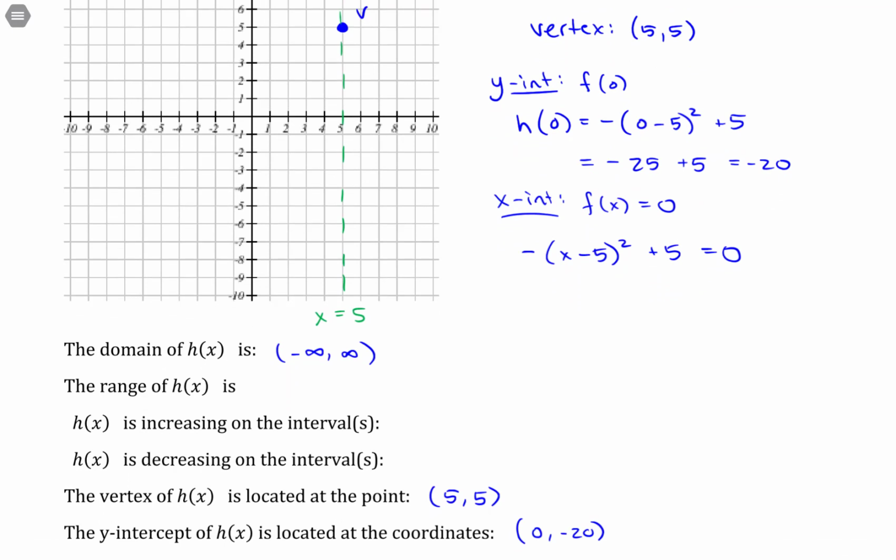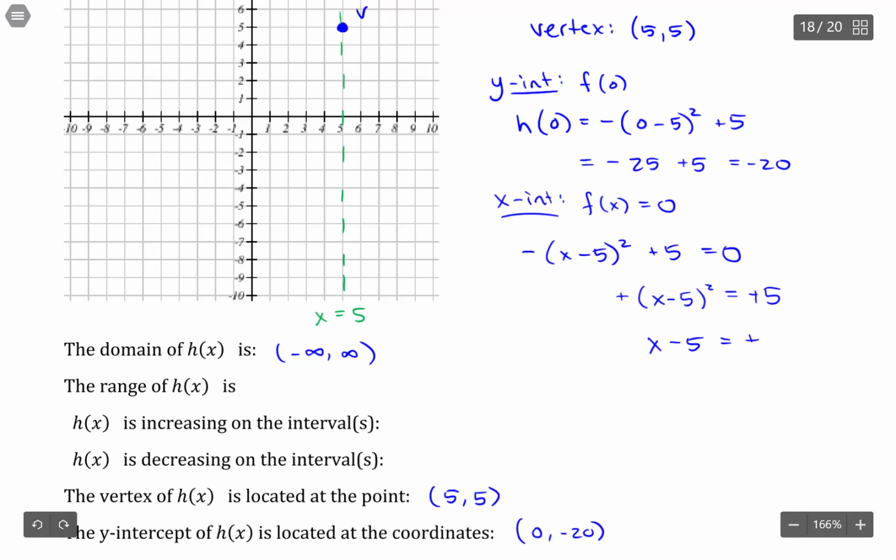I move the 5 over, so negative (x minus 5) quantity squared equals negative 5. Divide both sides by negative 1, which makes both positive. Then I take the square root of both sides. So x minus 5 equals plus or minus the square root of 5. And finally, x equals 5 plus or minus the square root of 5.